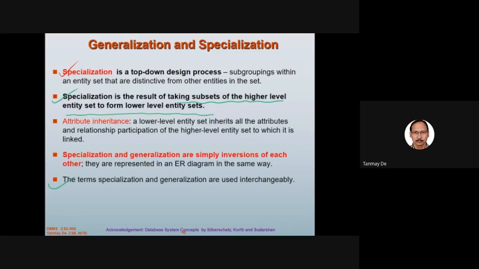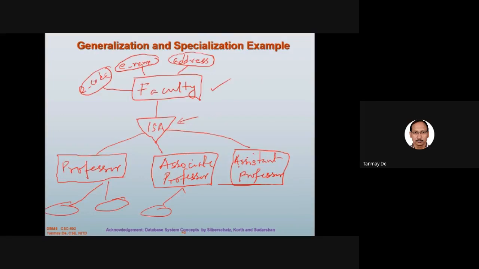We can take another example, which is already written. Suppose the faculty. Faculty is one of the entity sets in the university system. Faculty consists of properties such as employee name, employee address, and so on. Faculty may be a professor, associate professor, or assistant professor. So all of these three lower level entity sets inherit the features of the higher level entity set faculty. What are the features?